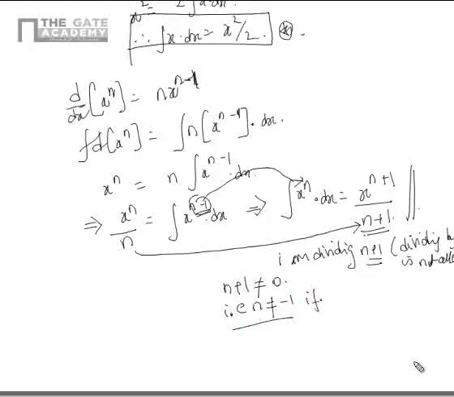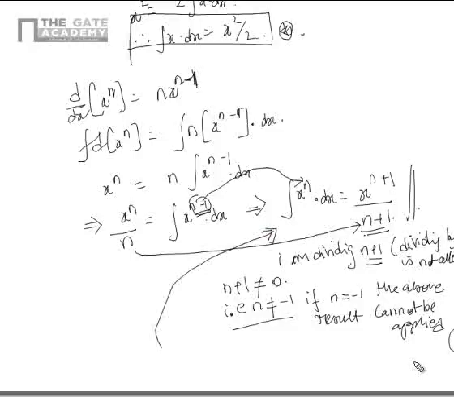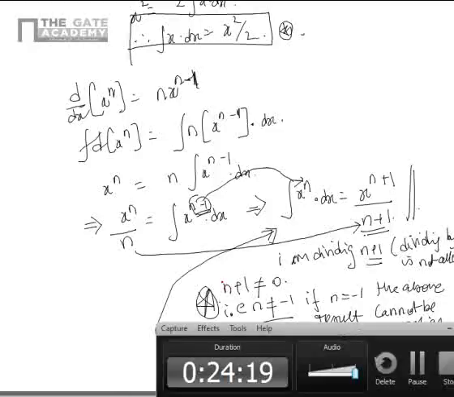If n is equal to minus 1, the above result cannot be applied. Please remember that this is very important. This result cannot be applied if the value of n is minus 1. We were seeing the integration technique by reverse mapping.